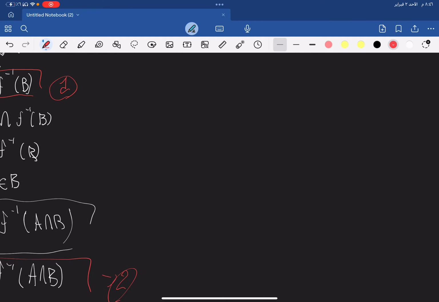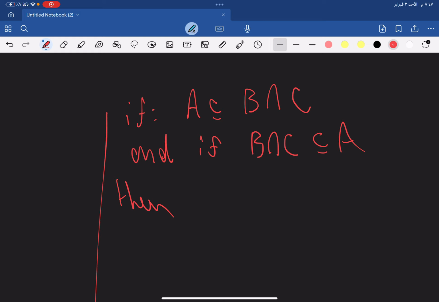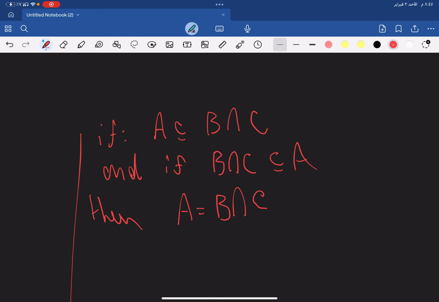So let's introduce some definition. This theorem: if A is a subset of B intersection C, and if B intersection C is a subset of A, then A equals B intersection C. This is a theorem.